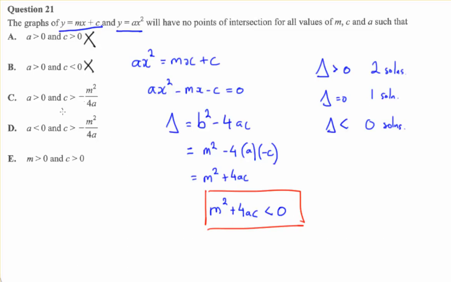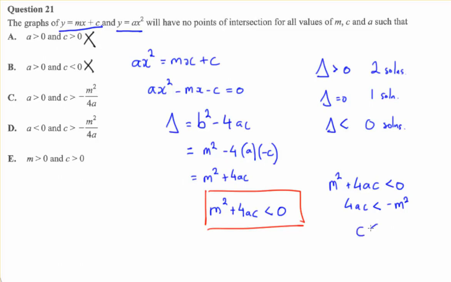Let's look here, and this is where it gets a bit more nuanced. Let's try solving for c for this inequality. We have m squared plus 4ac is less than 0, which means that we have 4ac is less than negative m squared. Let's divide both sides by 4a.